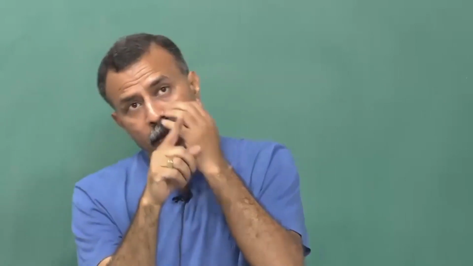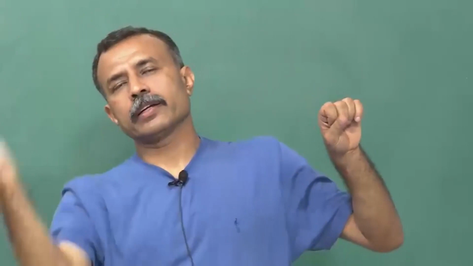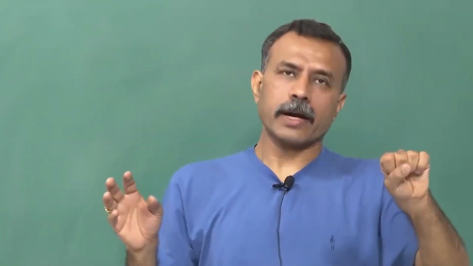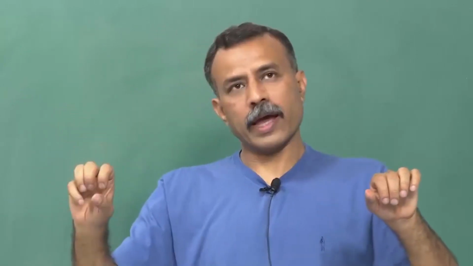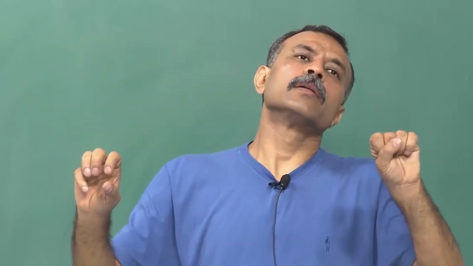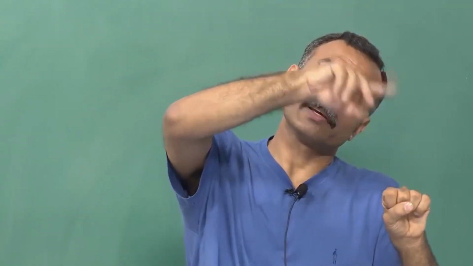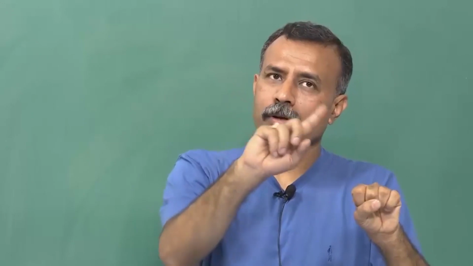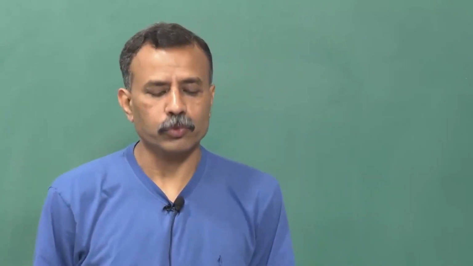What used to happen with cadmium on the left, silver on the right, was left to right electron drifting. Standard hydrogen electrode on the left, silver electrode on the right, the electron is drifting left to right. Now, with the cadmium electrode on the right and the standard hydrogen electrode on the left, the electron is drifting from right to left, and your meter is showing a negative voltage, which is 0.402.